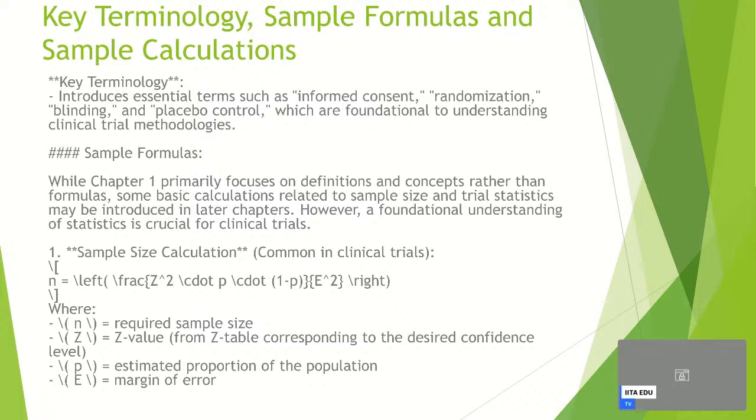Randomization is to make sure there's an equal probability of chance, whereby randomization numbers are used to select or allocate subjects to different groups. And blinding, same thing as masking, is to ensure that there's no bias.